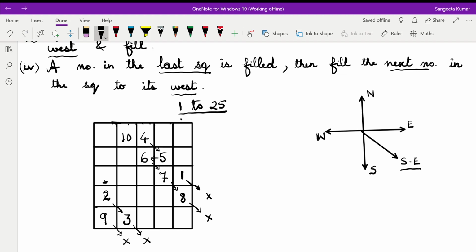When we came to the southeast of 10, since it's already filled, we have to move to the west. Again southeast 12, again southeast 13, again southeast 14, again southeast 15.